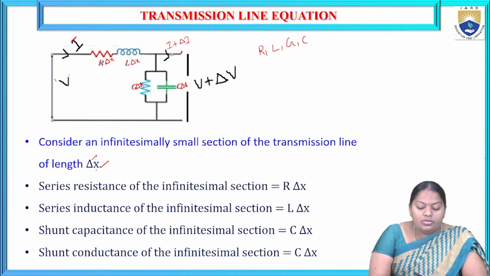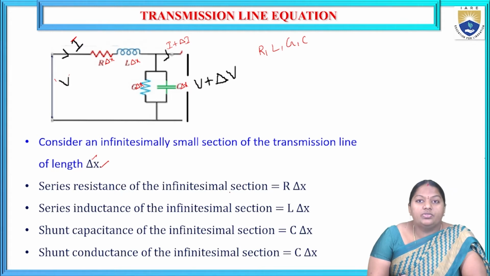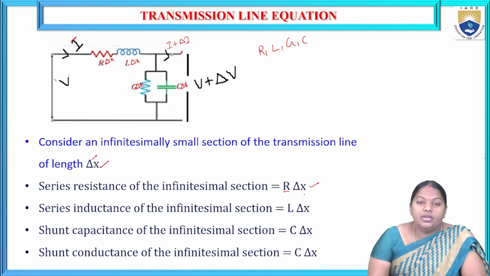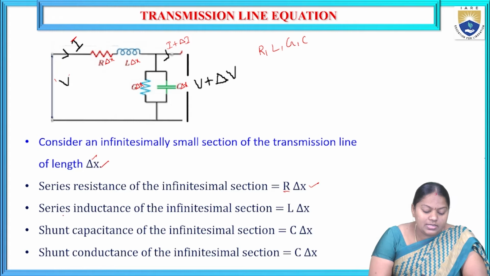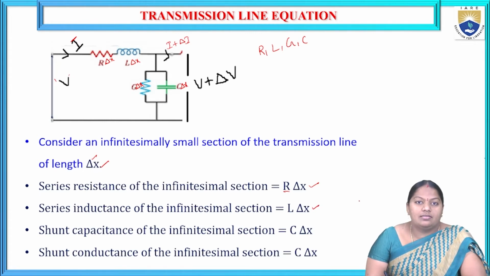In order to write all these primary constants in the circuit, first consider the series resistance of the infinitesimally small section, represented with R into delta x. Series resistance is represented with R and the length is delta x. Similarly, the inductance is also connected in series, hence it is the series inductance of the infinitely small section, denoted with L into delta x.